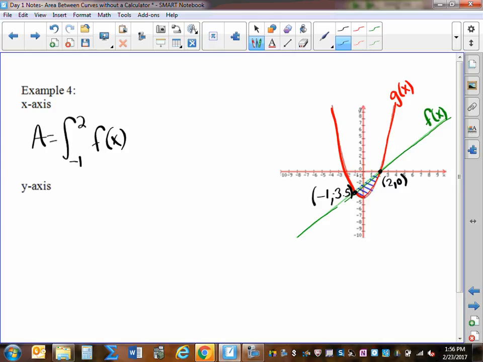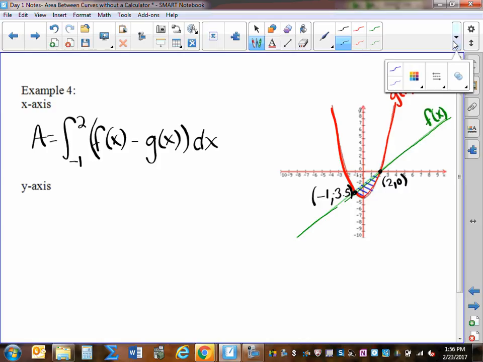And my bottom function would be the g of x. So f of x minus g of x, and it's all of this with respect to x. Now again, let's take our paper, turn it 90 degrees counterclockwise, or just think of this in terms of the y-axis. Can we do this one with respect to y?